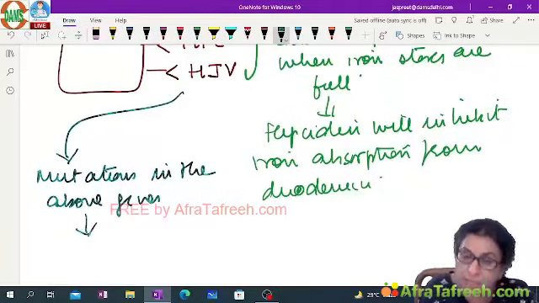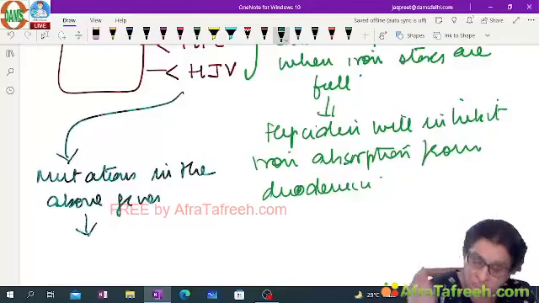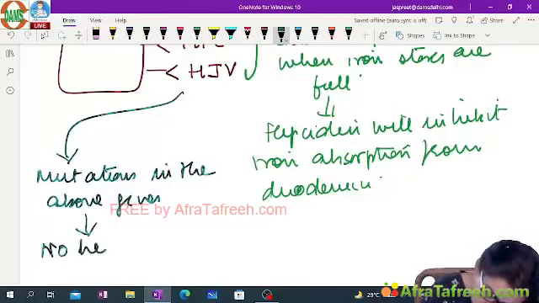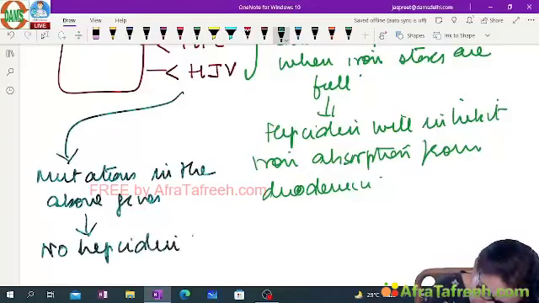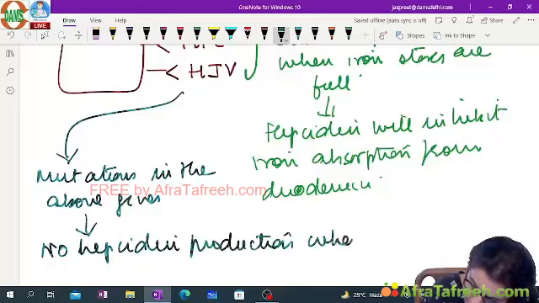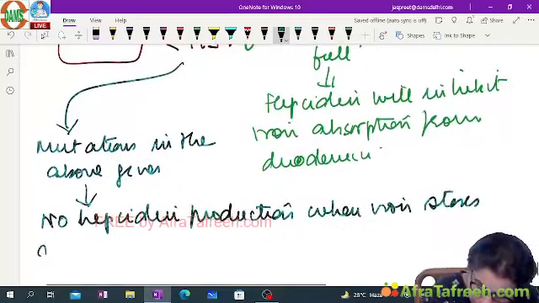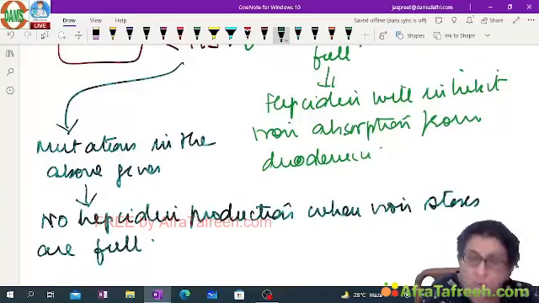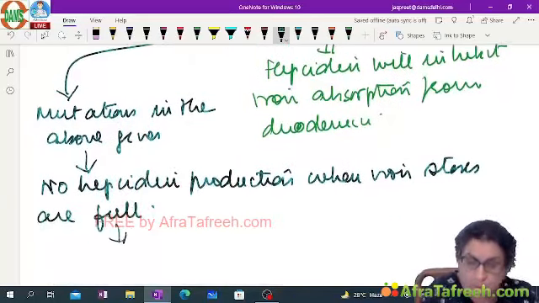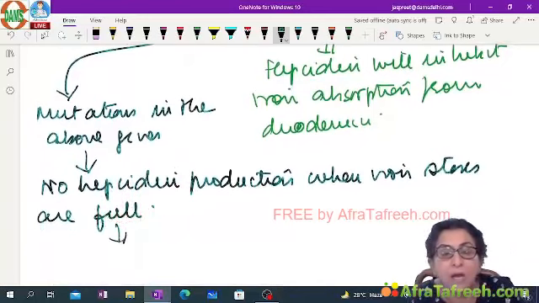The sensing function is lost, so there will be no hepcidin production, even when iron stores are full.